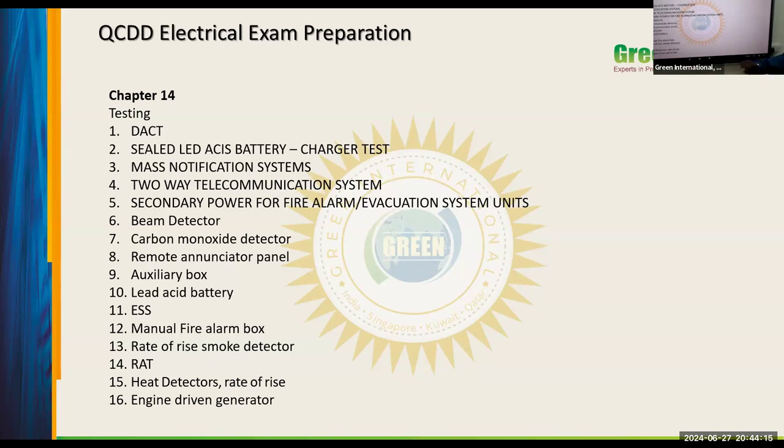Which equipment is tested annually? But they may give a keyword also. So right now what we do is search this one and find the answers. We need to find the frequency for which description.